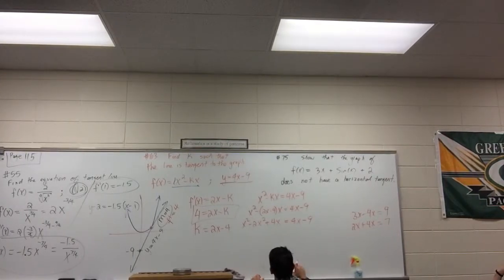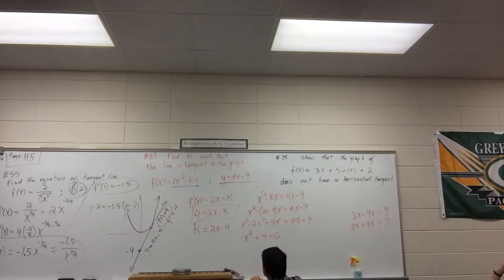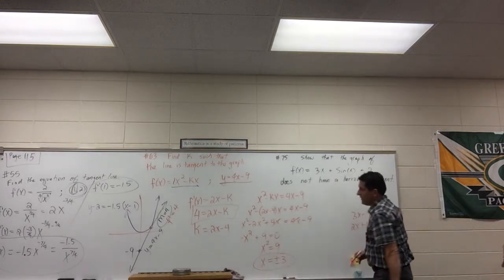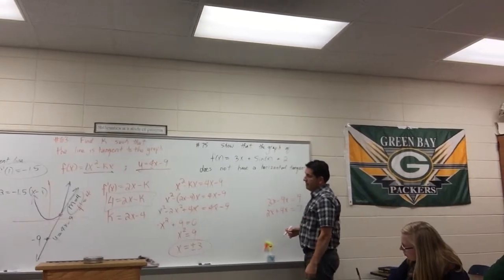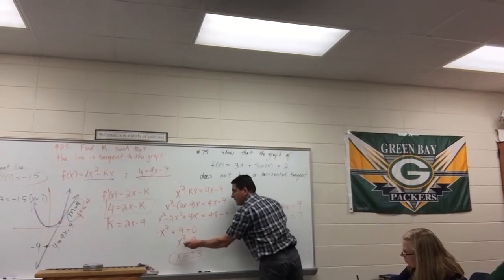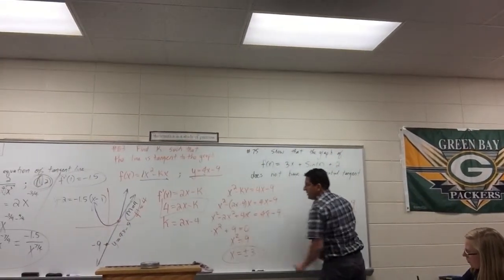Throw everything on one side. We got negative x squared, 4x minus 4x, that's going to be 0, plus 9 is equal to 0. So this means x squared is equal to 9, which means x is equal to plus or minus 3. This is one of those cases where you get two possible answers because you're solving an equation.